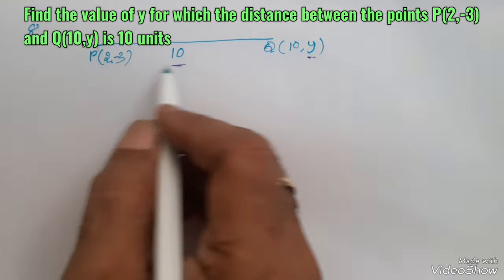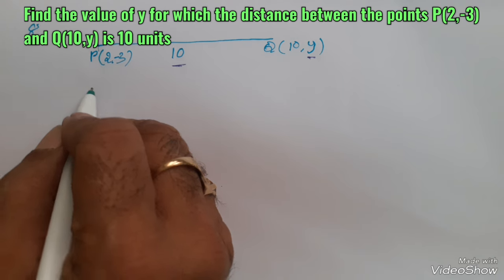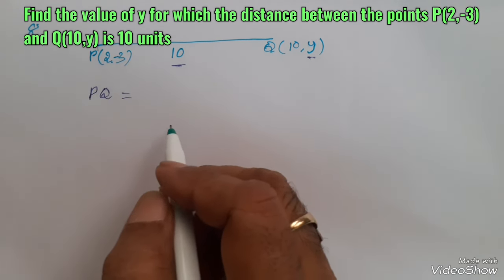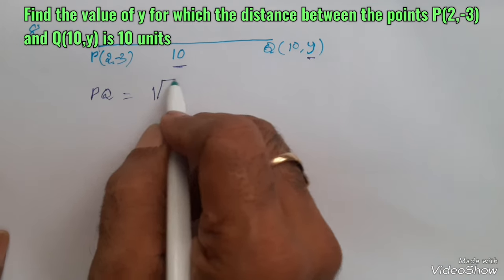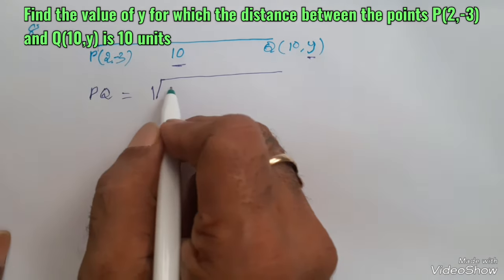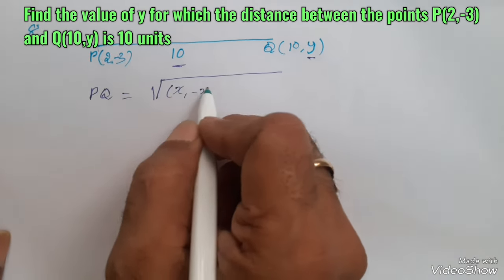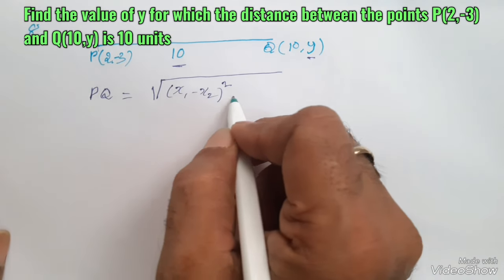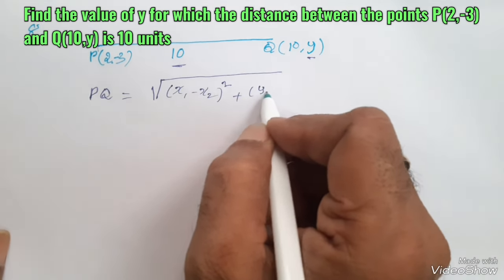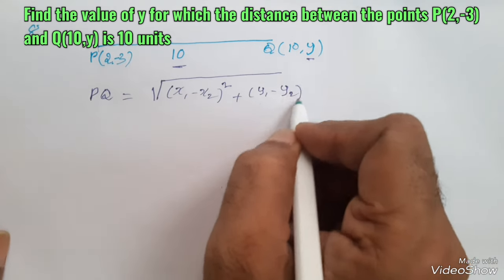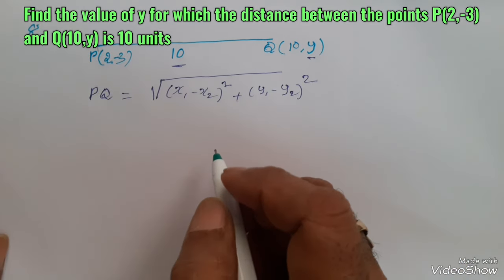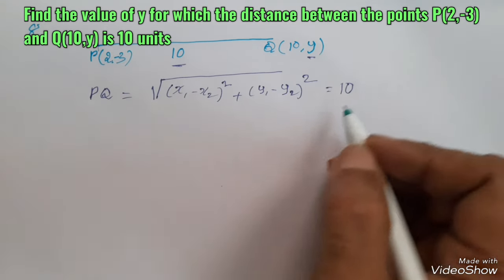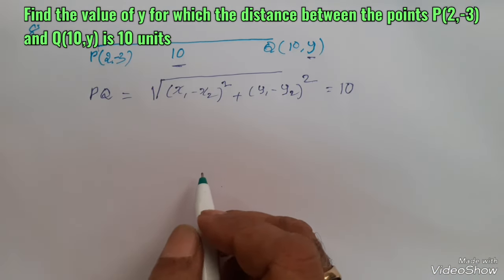So as usual, you find here also the distance, that is the length of PQ. The same formula. So what is the formula? Square root of (x1 minus x2) whole square plus (y1 minus y2) whole square. So this is equal to 10 units he gave. PQ equal to 10 given.